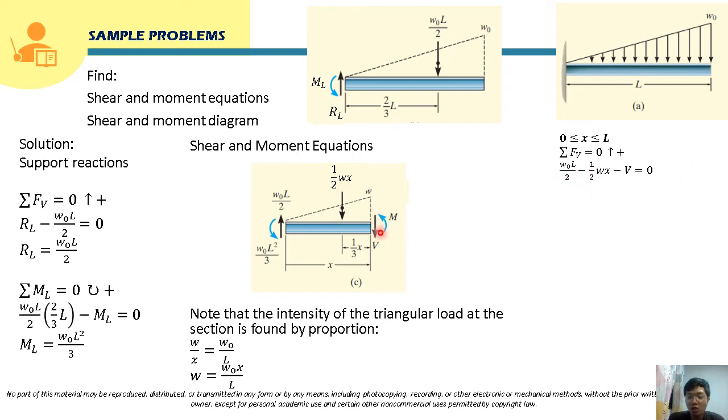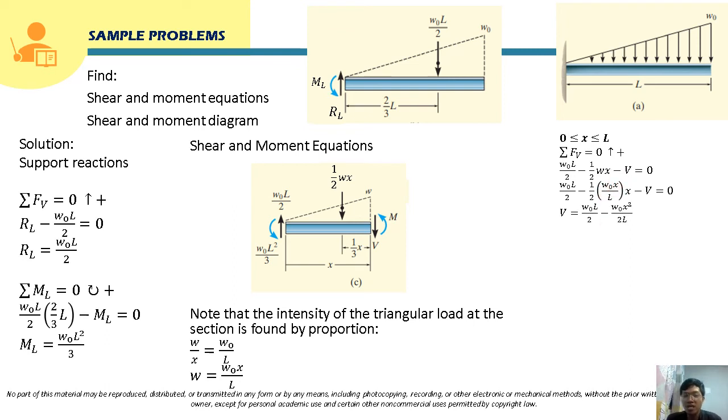And then our shear force here is downward, so it will be negative here. So we are going to substitute the W that we solved from here. Simplifying this, for this term, this will become 1/2 W sub O X squared over L, right?